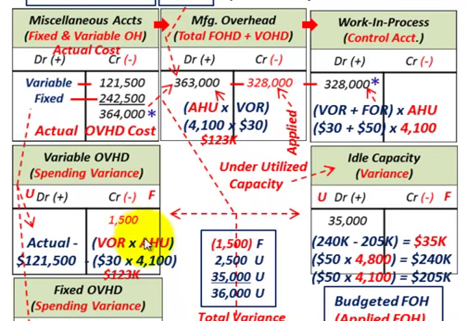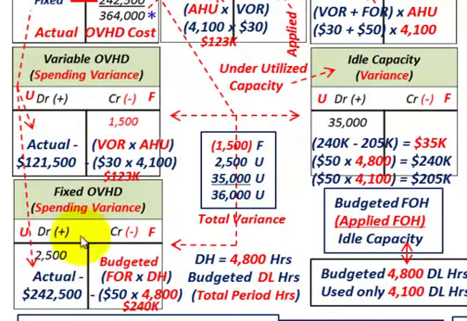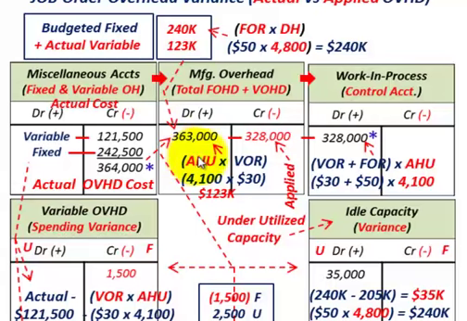And the fixed overhead spending variance was based on our actual amount and the difference from what we had budgeted. And that is what we calculated up here.